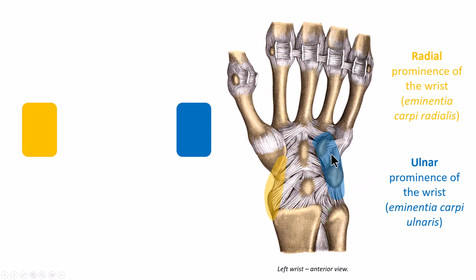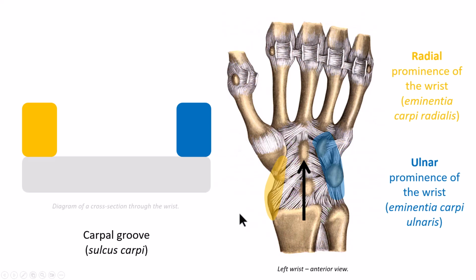These two prominences create a depression between them, which we call the carpal groove, sulcus carpi, forming a U-shaped valley.